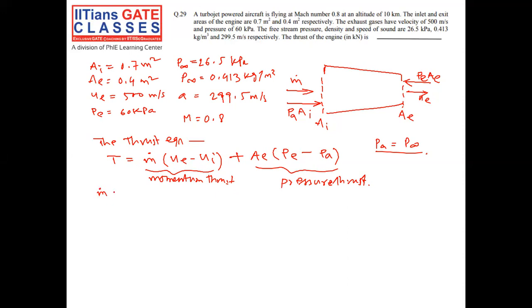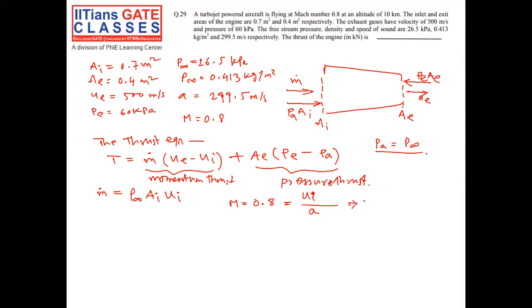So m dot is the mass flow rate through the engine, which is nothing but rho infinity times inlet area times UI. And Mach number is given as 0.8 at which the engine is flying, which is again UI divided by speed of sound.